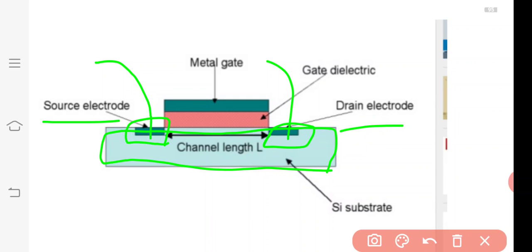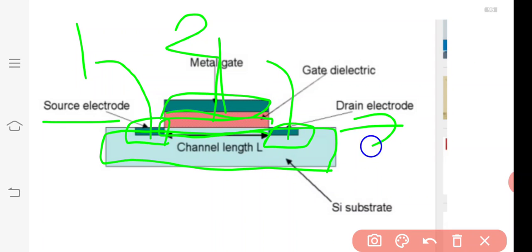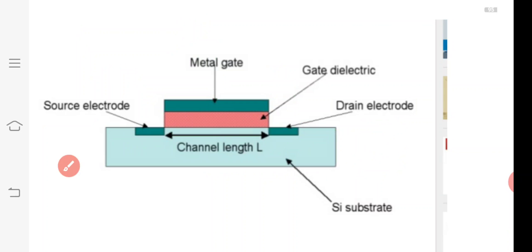The gate is insulated by an SiO2 layer, and after the SiO2 layer a metallic contact is drawn, and its terminal is the gate. So there are three terminals: source, gate and drain. This is the channel, and the length between source and drain is called the channel length L. This is the basic design of MOSFET.